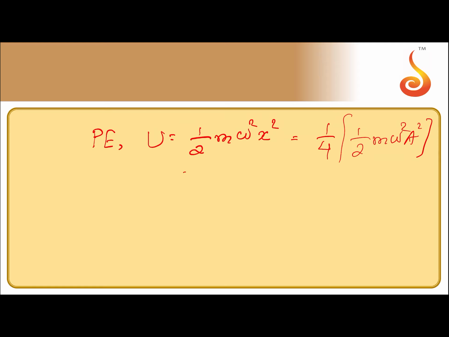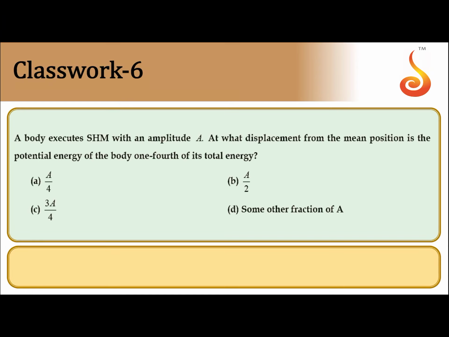So if I consider these two equations, half m omega square cancels, leaving x square is equal to 1/4 A square, or x is equal to A divided by 2, which means the position at which the potential energy is 1/4 of the total energy is A by 2, not A, this is A by 2. B is our correct choice.